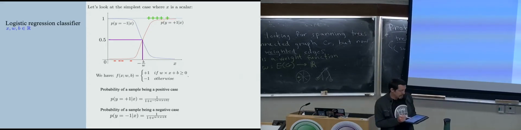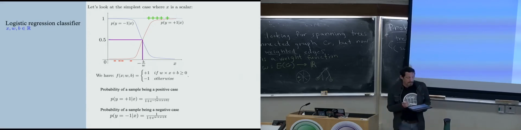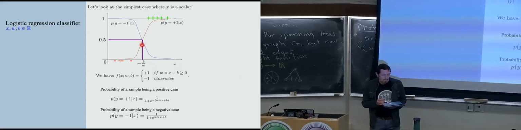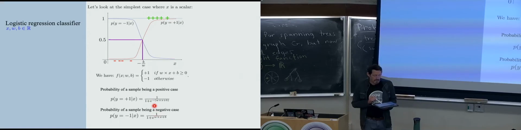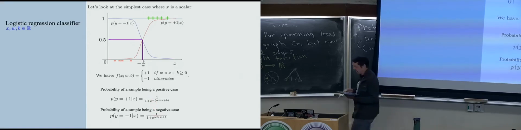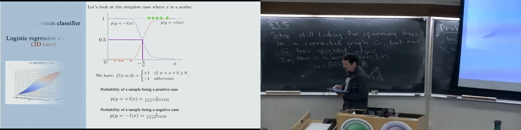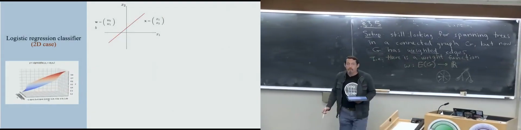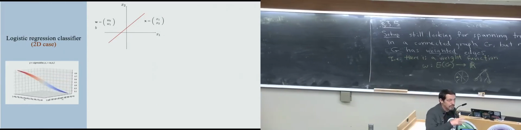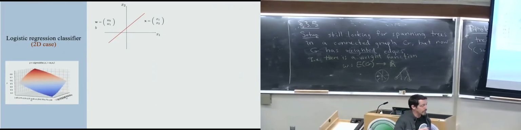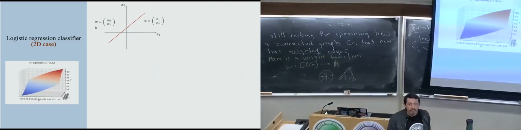You can convince yourself with a little algebra that this blue negative class probability curve is just that, take that negative sign and get rid of it. So we have two functions, positive class probability sigmoid and negative class probability sigmoid. They are just a sign flip away from each other.